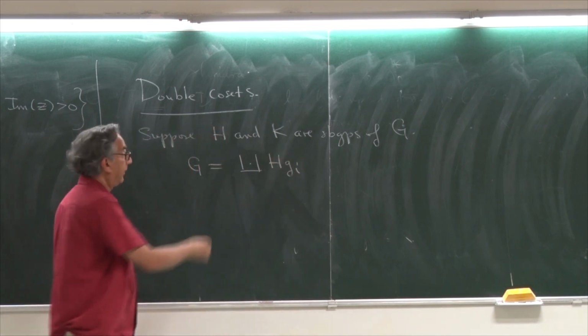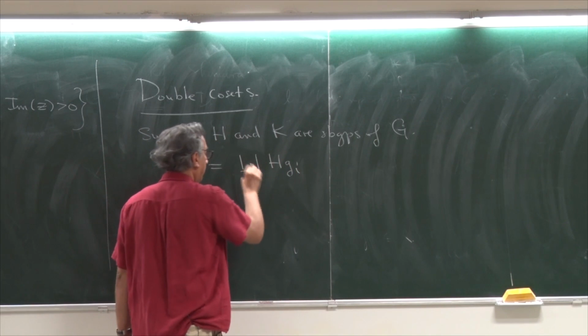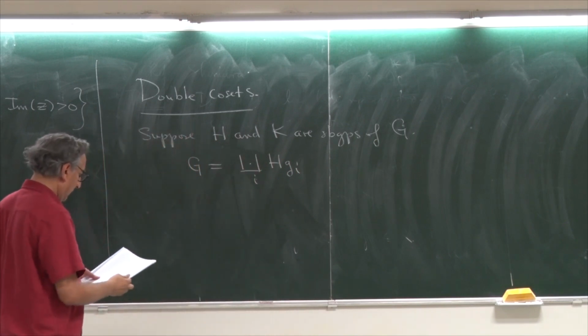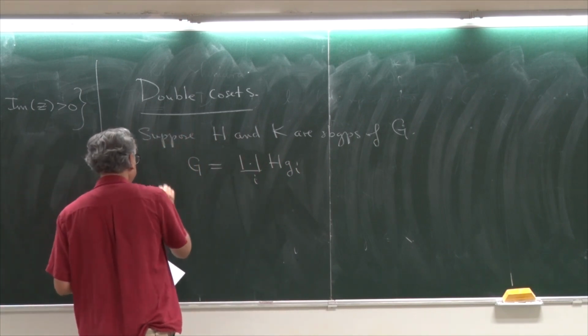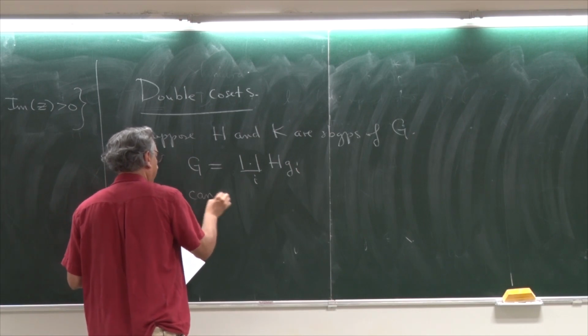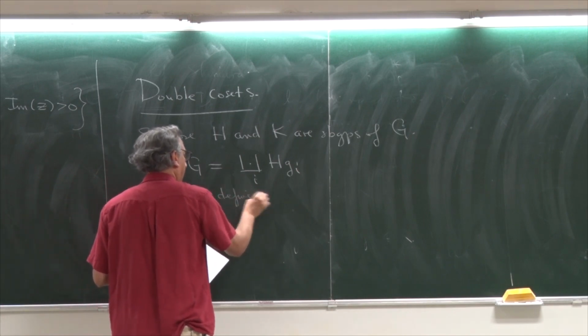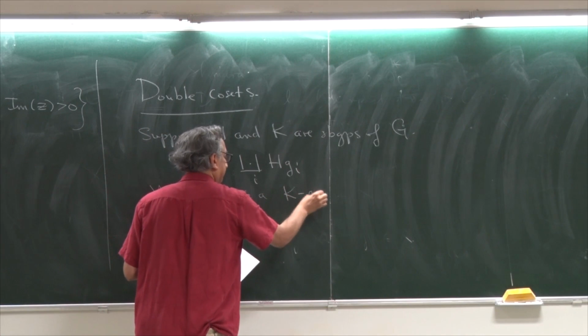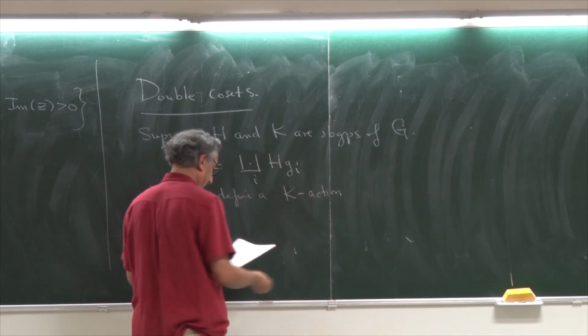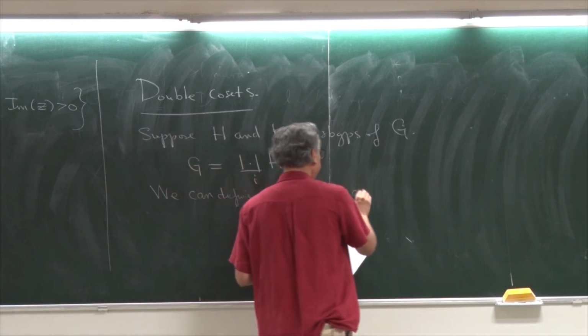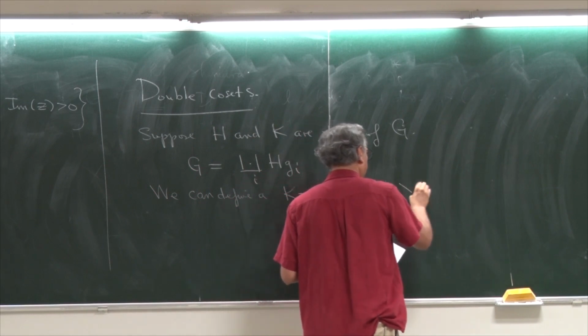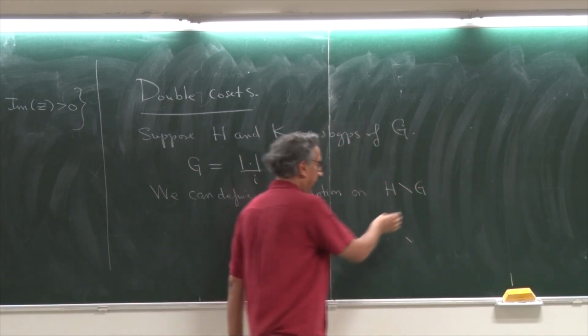You give me any group, you can always write that. Then we can define a K action on the space of cosets of H.